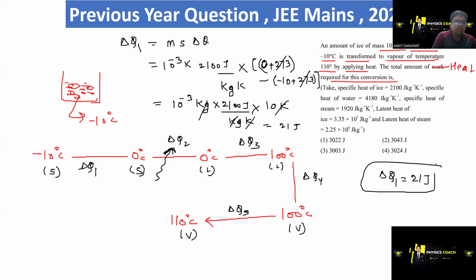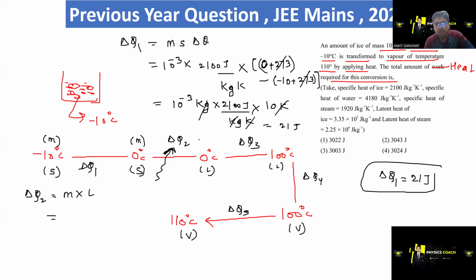In a similar way, you can easily solve delta Q2. In delta Q2, the phase changes from solid to liquid. So how much heat is required? Mass into latent heat of fusion. Whatever mass is here, the same mass is here.